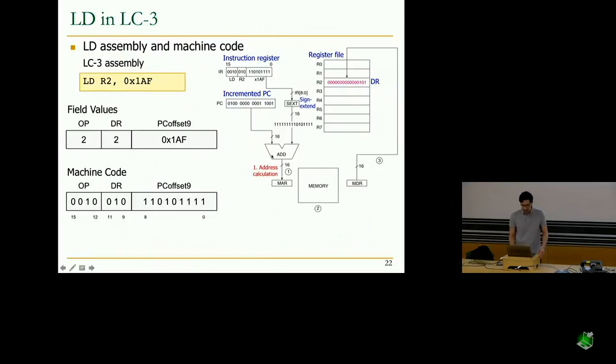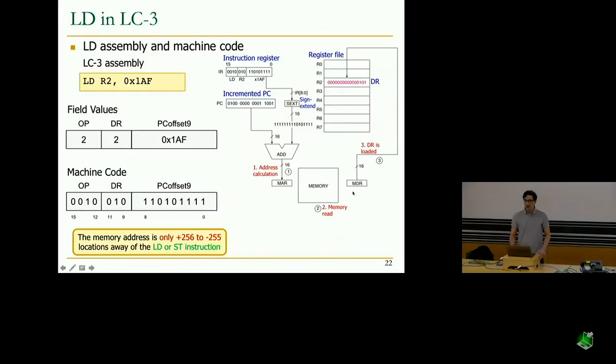We first calculate the address in the adder, then we read from memory the address that has been stored in the MAR. The memory moves the data element that is going to be read to the MDR, and finally in the third step, the destination register is loaded with the value that was just read from memory.